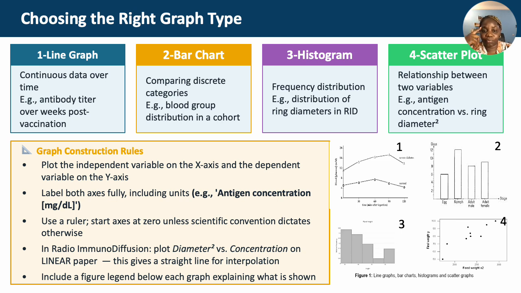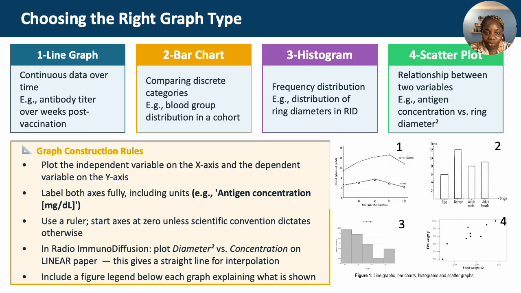This is why we have to be really careful and exact when we are drawing. A poorly drawn graph is worse than no graph. It can mislead the reader and undermine the scientific credibility.